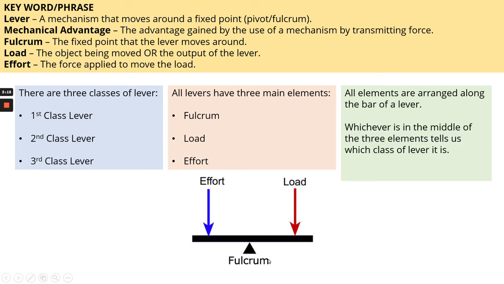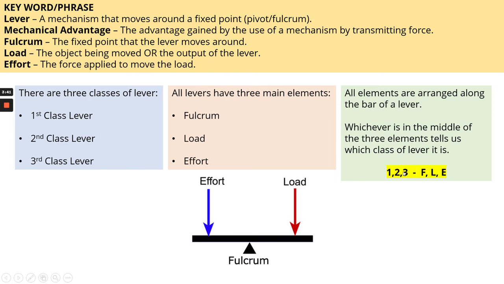A good example is scissors. The fulcrum is in the middle here, the pivot point, the stationary point the lever moves from. The handles are where our hands move the scissors open and closed. And the output is down here, the sharp bit, because that is what we want. Write these notes down and then press play, and we'll look at the next class of lever.